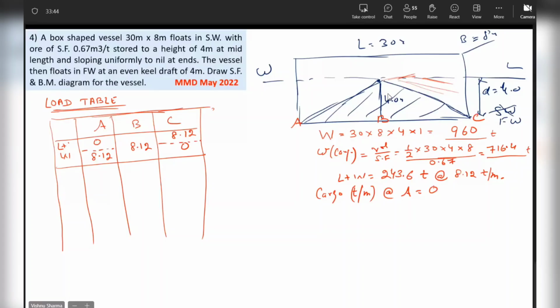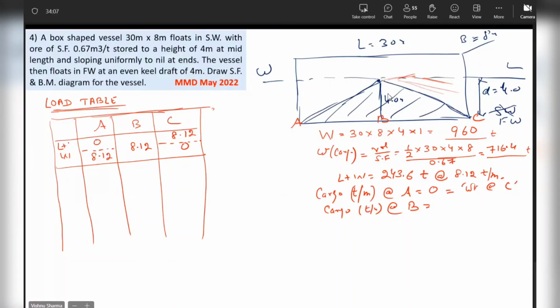So if you continue the height of 0 for 1 meter, the cargo will be 0. What is the cargo weight in tons per meter at B? This will also be the weight at C, right? A and C will be the same, so I don't want to write again.